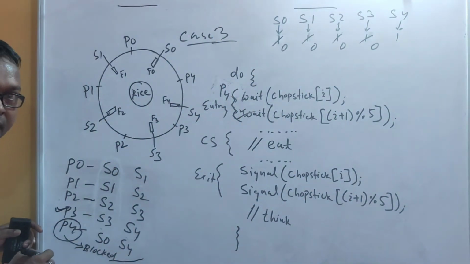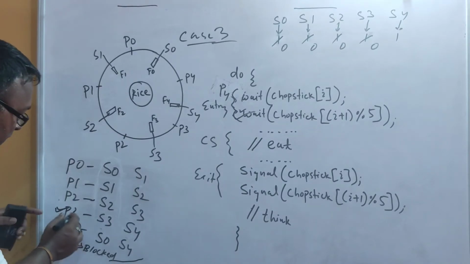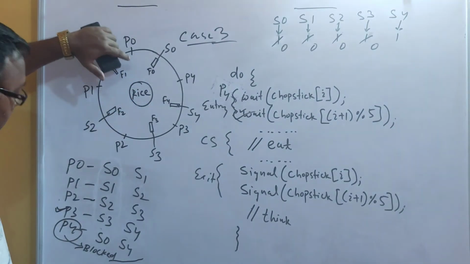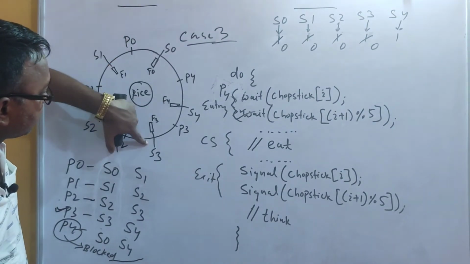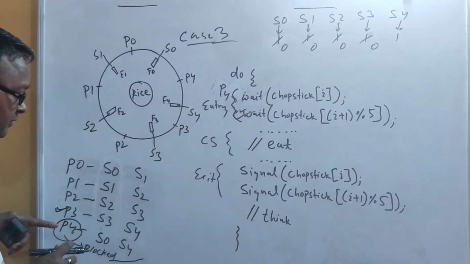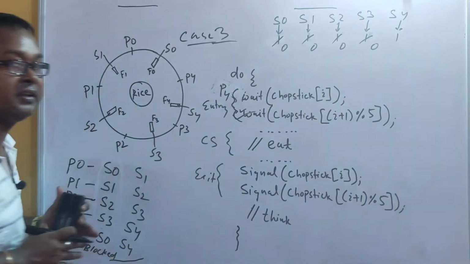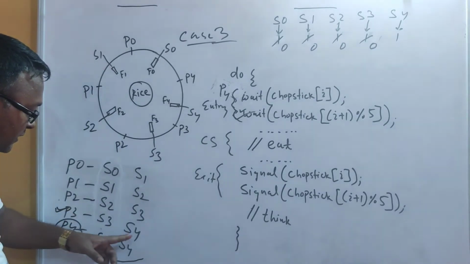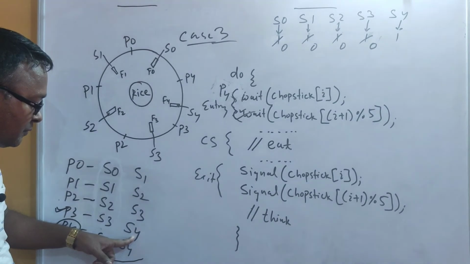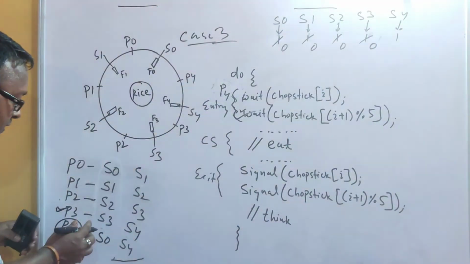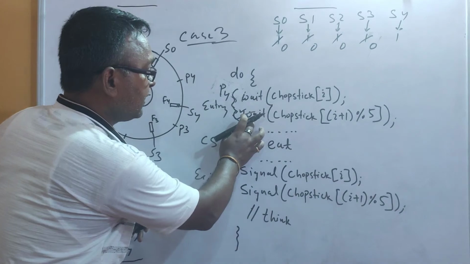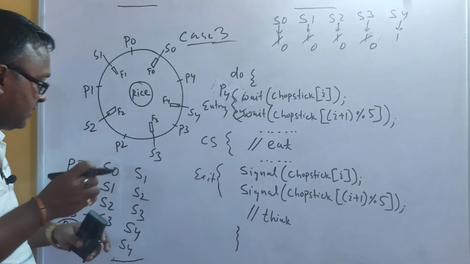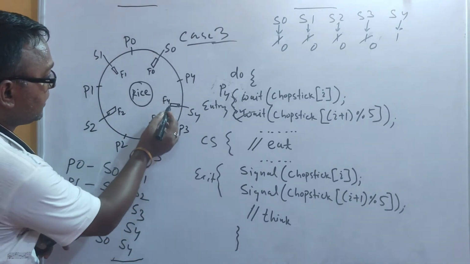That means the semaphore S4. So it got the left hand side and the right hand side, that means S3 and S4. It got both the chopsticks, so it will enter into the critical section. P3 can access the resource because the S4 value is 1. So it will execute the second line of code, access S4, that means pick the right hand side fork, S4 means F4.